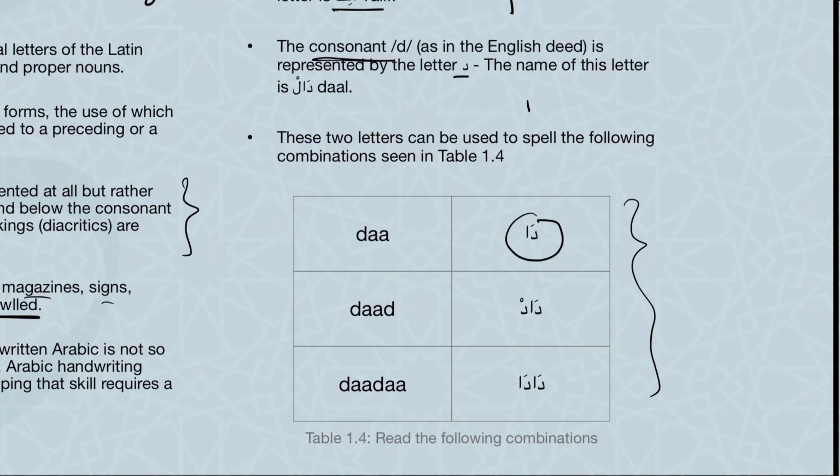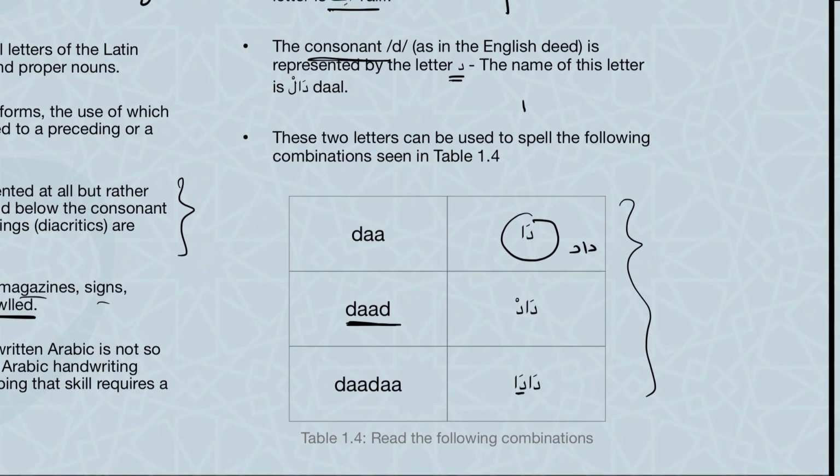I can write the letter dal and put an alif next to it, and I'll pronounce it da. I can put another dal next to it, and it becomes dad. I can put another long vowel after the last dad, and it becomes dada.